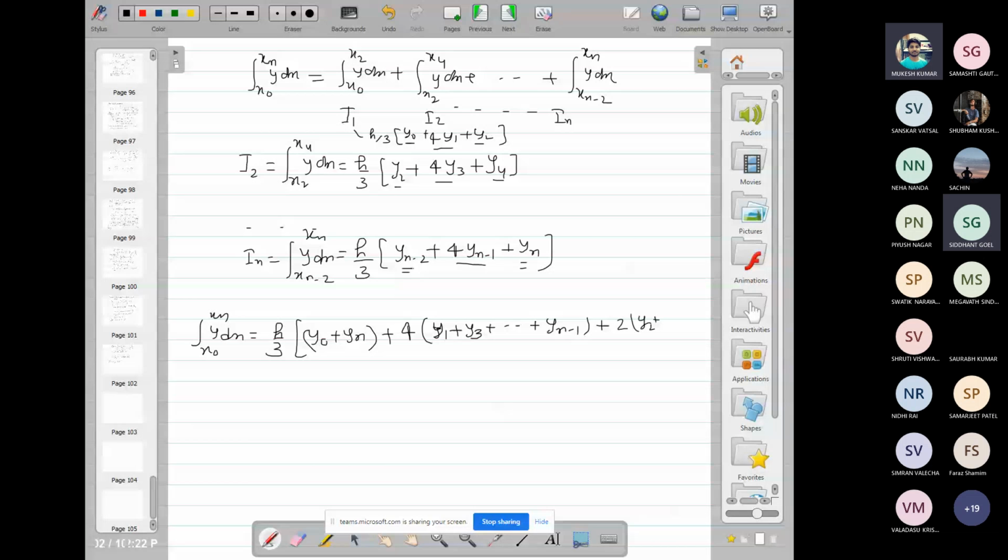This is known as Simpson's 1/3 formula to find the value of the integral.